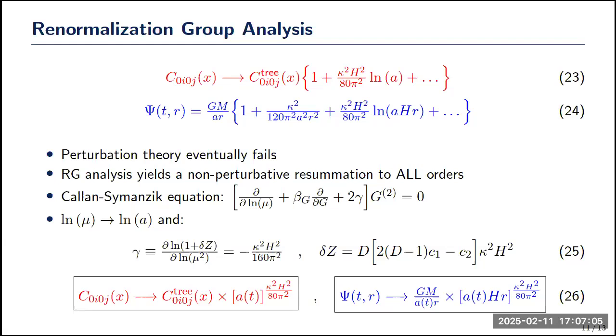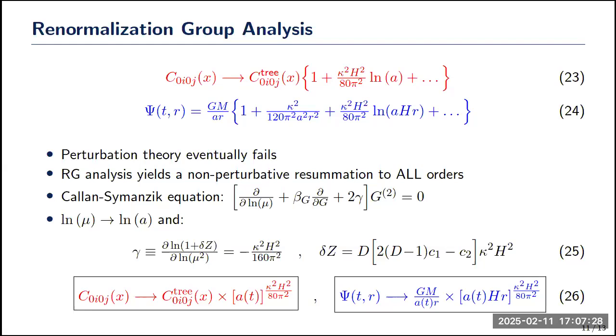A comment on derivatives with respect to the log of the renormalization scale. We saw from our self-energy before that after we're done removing the divergences, we express it in the Schwinger-Keldysh formalism. Every time we get a logarithm of a, we get a logarithm of mu. So we can just swap out that log of mu with log of a and differentiate with respect to that. Gamma comes from a field strength renormalization.